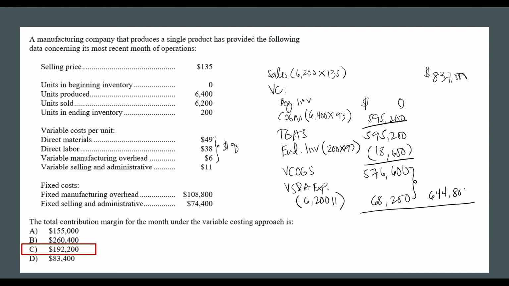And then when we add the two, it shall give us your total variable cost of 644,800. So we now have your variable cost, and now we deduct your variable cost from your sales in order to get the contribution margin. That is the requirement of the problem. So your contribution margin here is 837,000 minus 644,800.